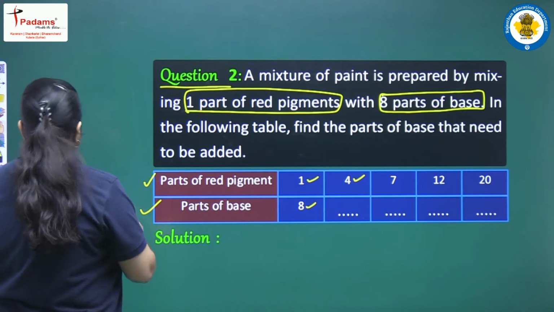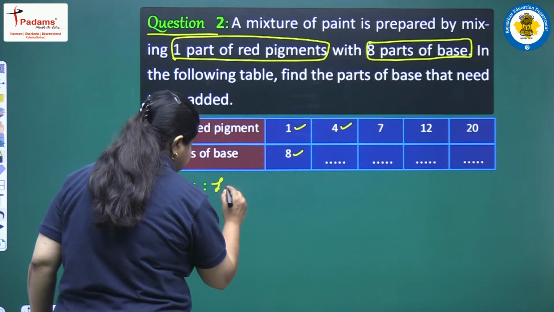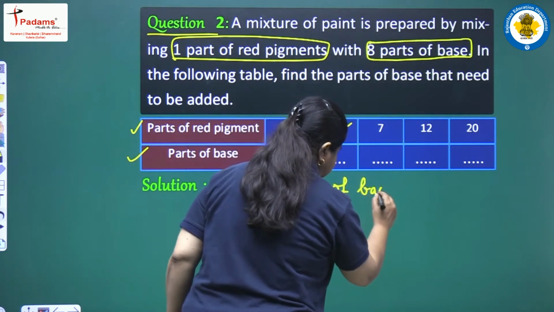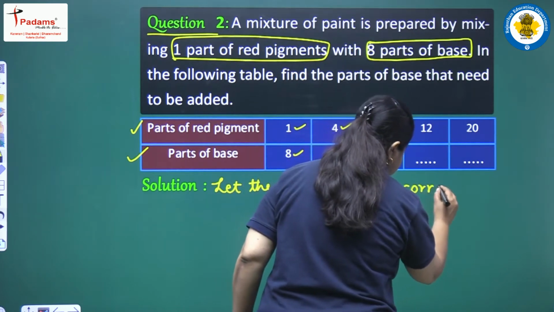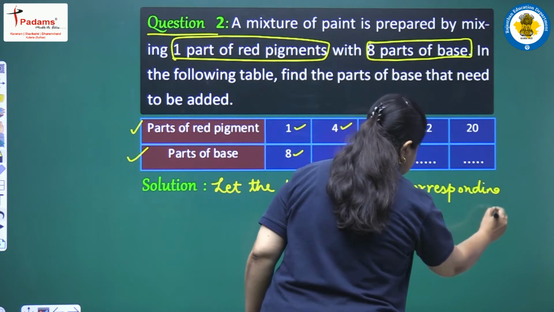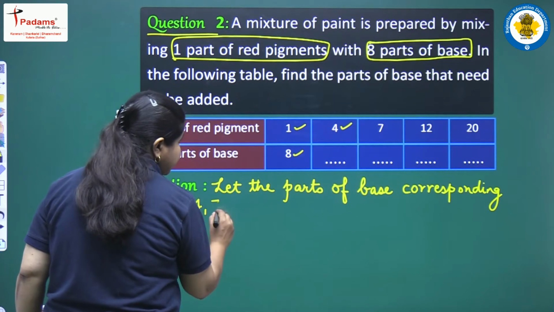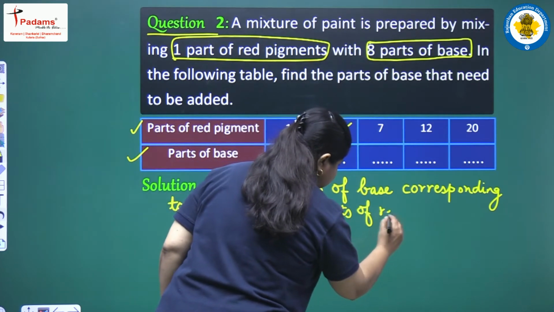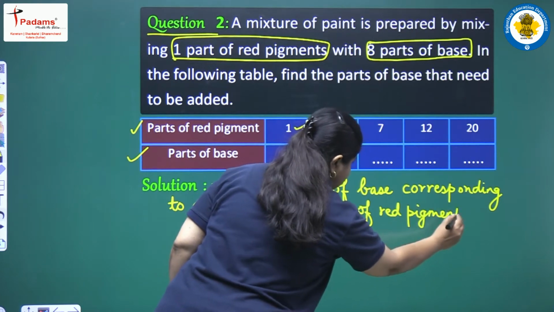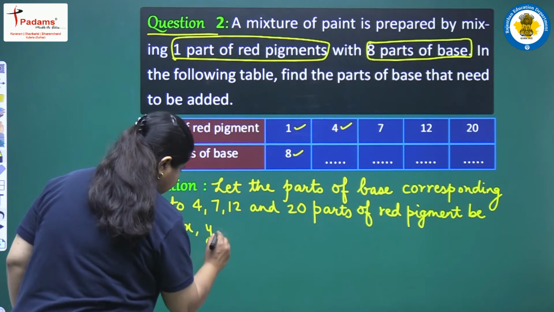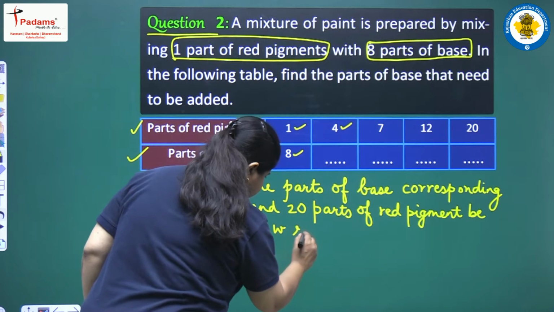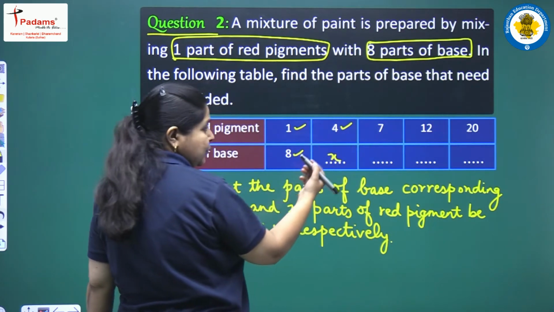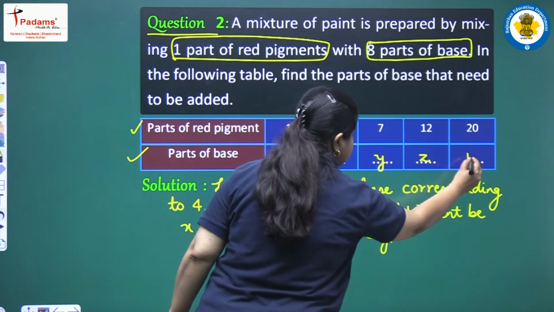We write here, let me take the page upward. Yes, let the parts of base corresponding to 4, 7, 12 and 20 parts of red pigment be x, y, z and w respectively. हम इन पार्ट्स को कैसे ले रहे हैं? अननोन्स को, इसको x मान लिया corresponding to 4 parts of red pigment, इसको y मान लीजिए, इसको z और इसको w. क्वेश्चन क्लियर है?